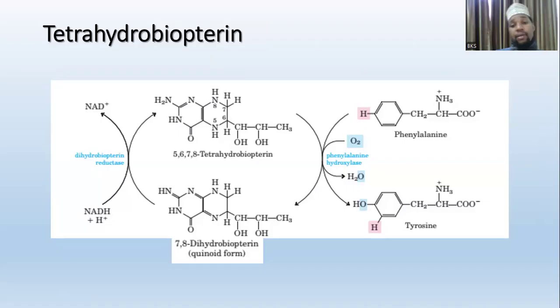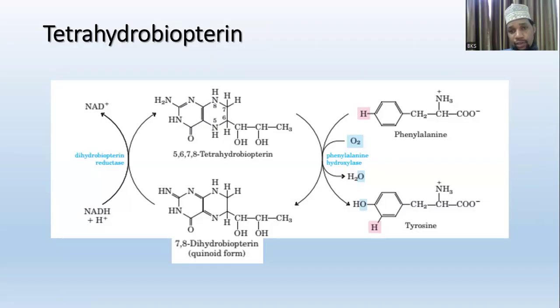Why? Because phenylalanine hydroxylase is a type of mixed function oxidase enzyme, which I mentioned in the previous classes. And we said the mixed function oxidase is involved in oxidation reduction reactions, basically involving oxygen as a final electron acceptor.